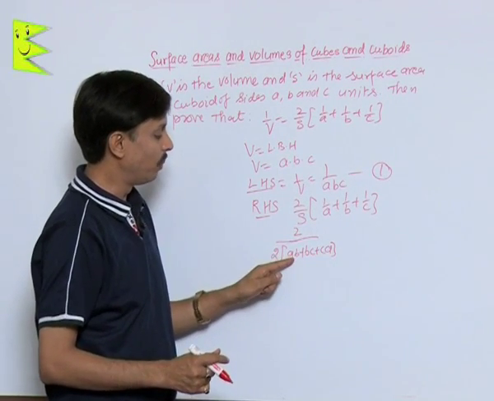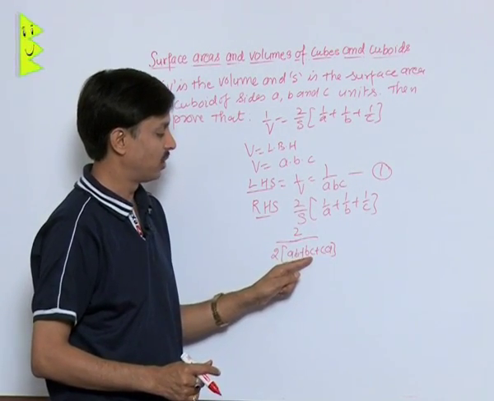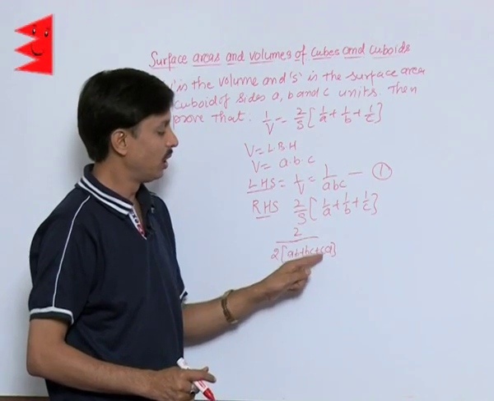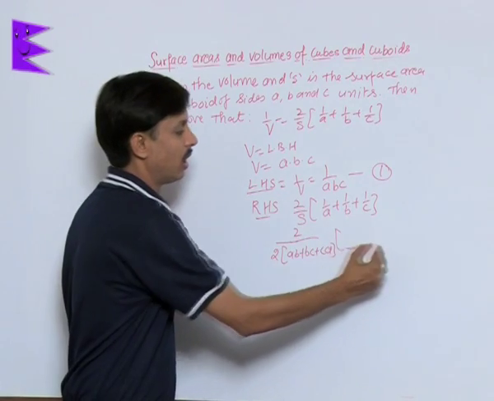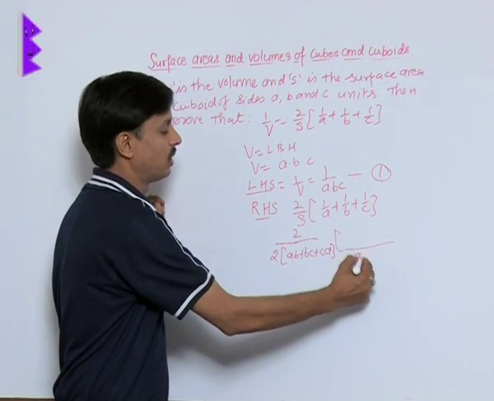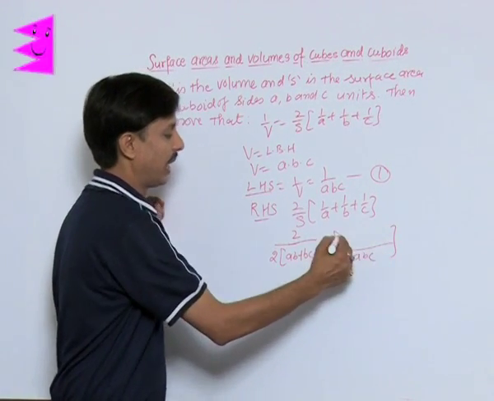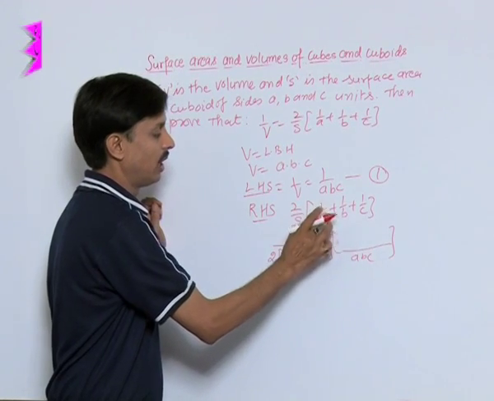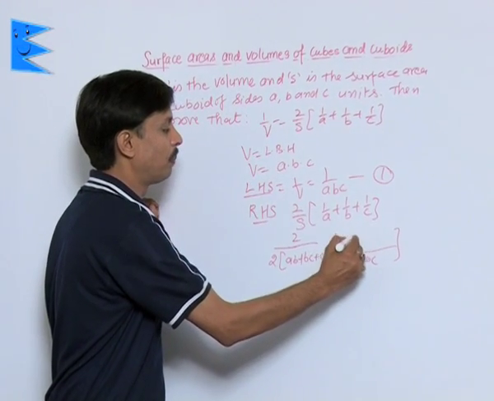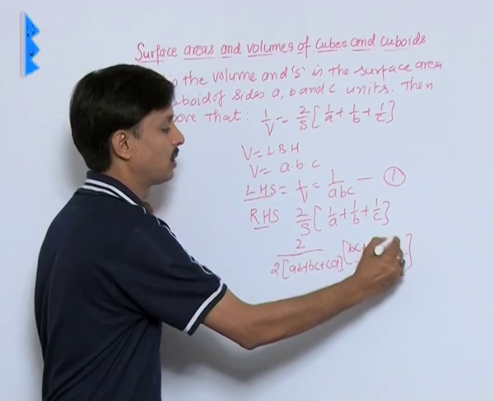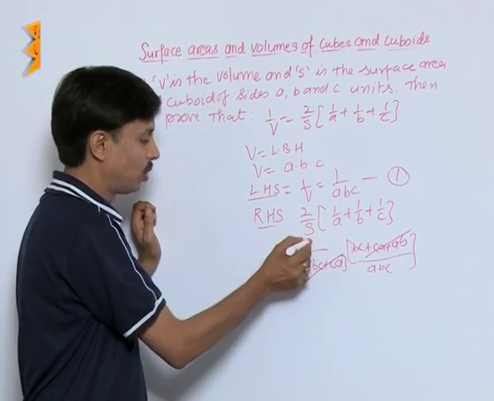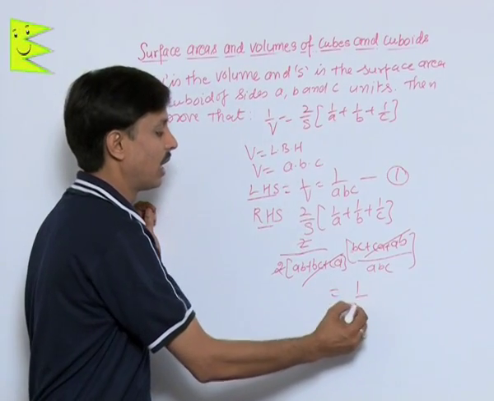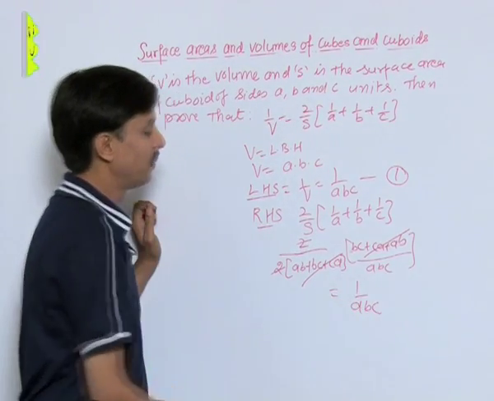That is 2 into AB plus BC plus CA. Now the LCM of this part is ABC, and here we get BC plus CA plus AB in the numerator. You can observe that the 2 can be cancelled, and we get 1 upon ABC.